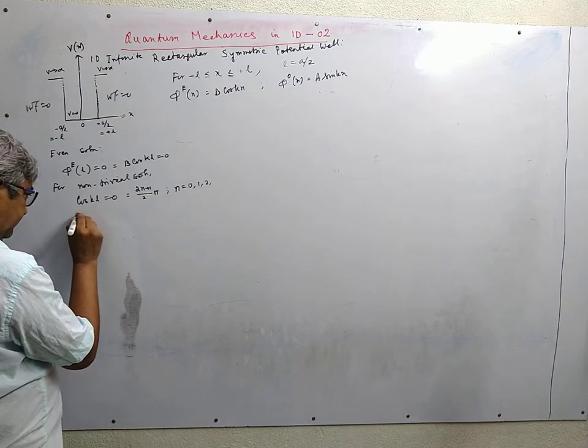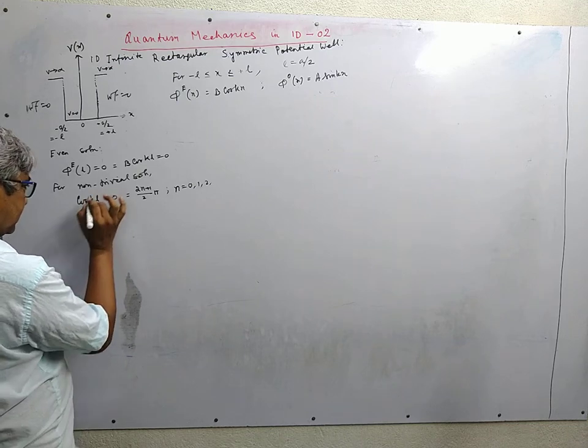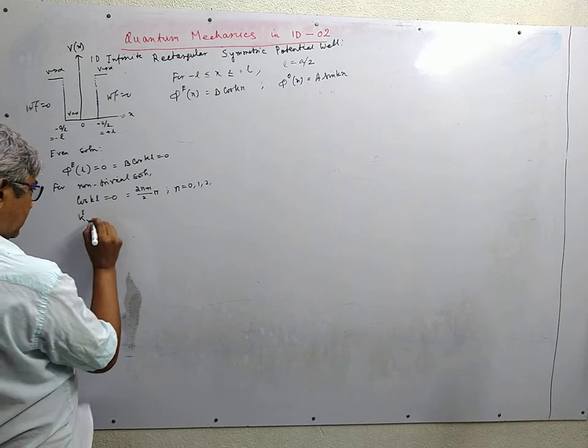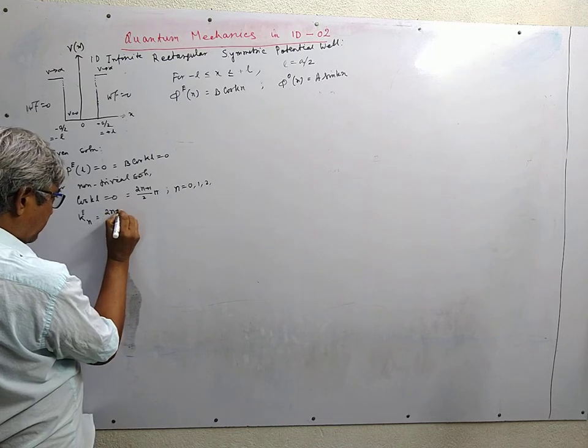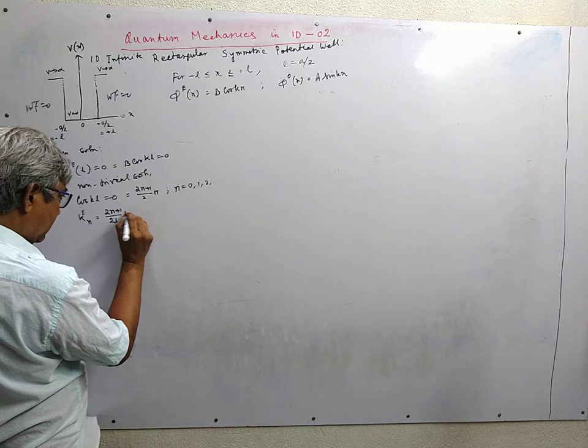So we get kn even. Since it comes from even solution, we use a superscript even. So this is equal to 2n plus 1 by 2l pi.